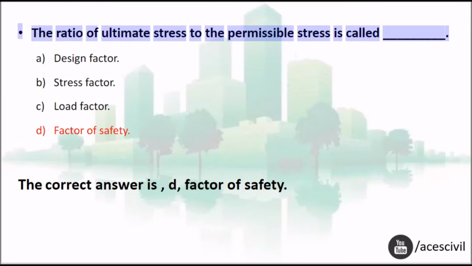The ratio of ultimate stress to the permissible stress is called A. Design factor. B. Stress factor.